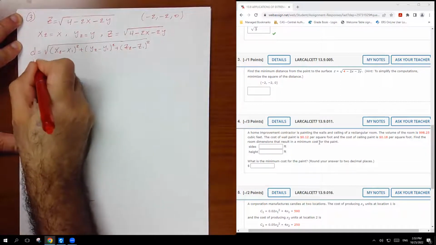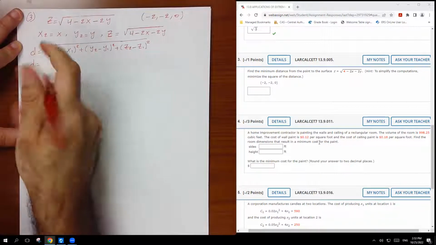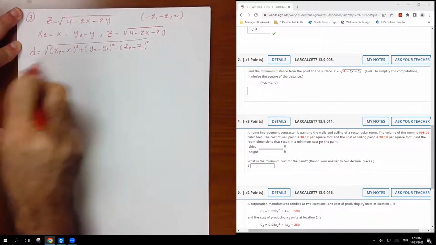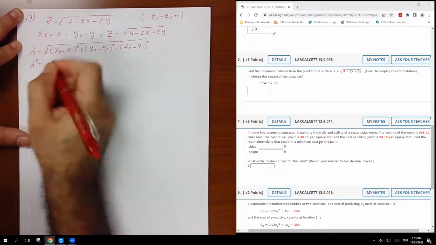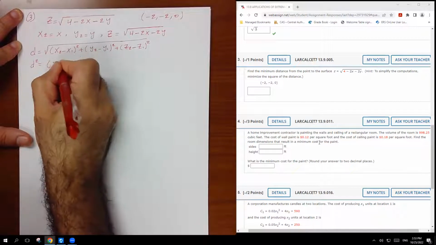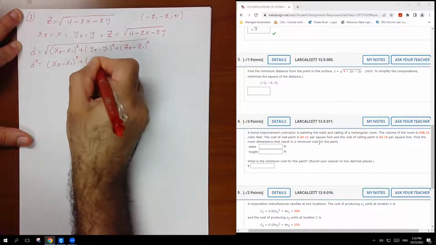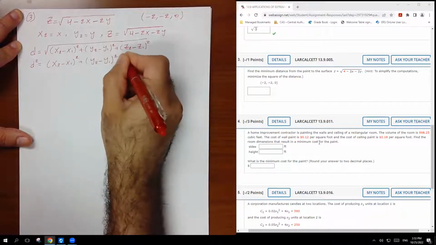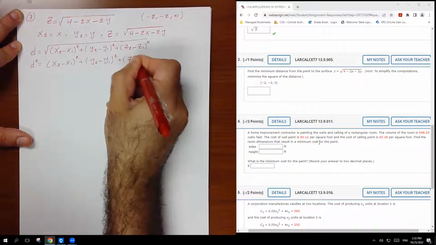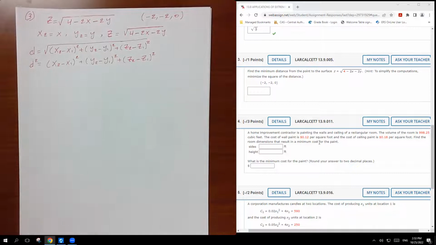I'm going to square both sides. So d squared is going to be x2 minus x1 squared plus y2 minus y1 squared plus z2 minus z1 squared.